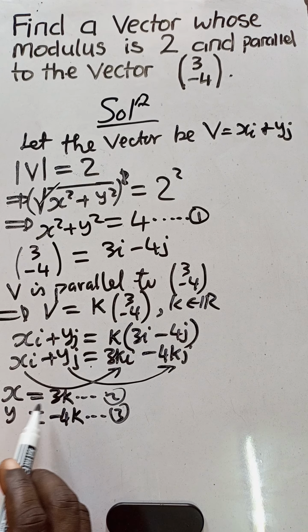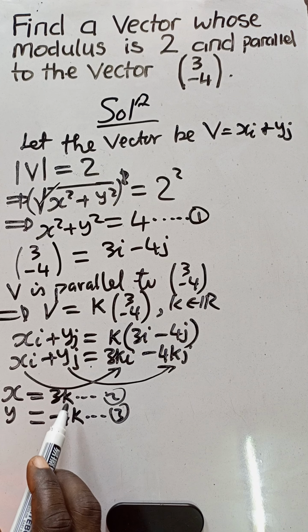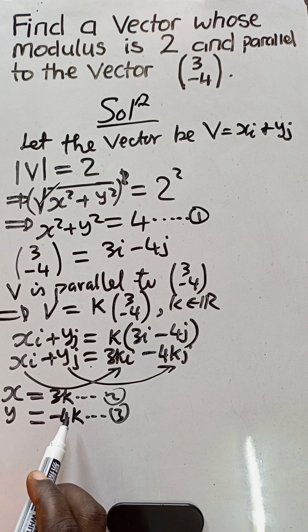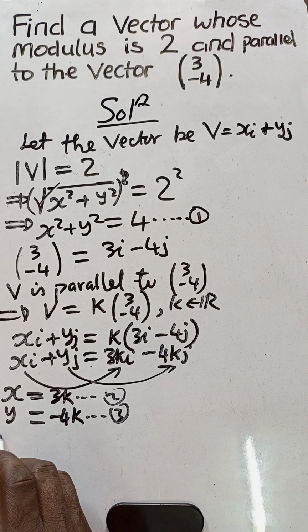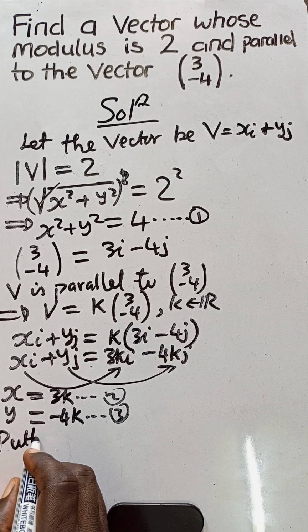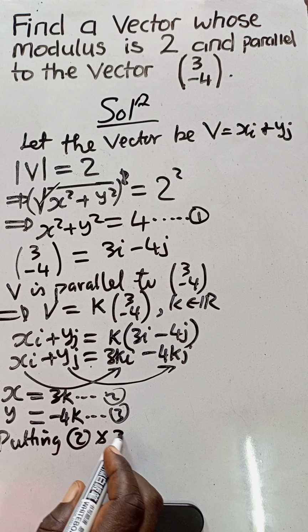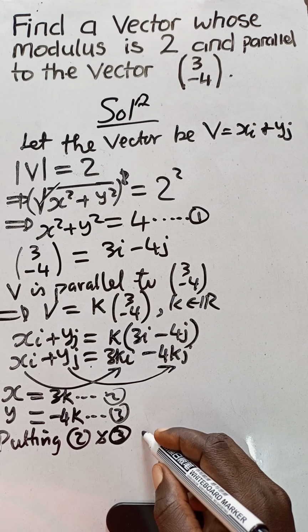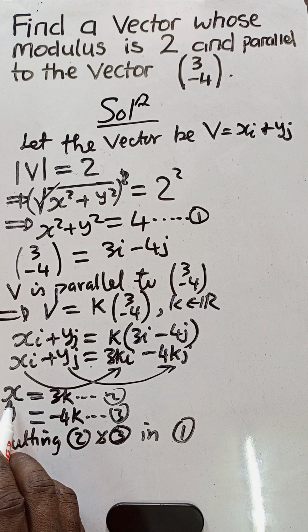Now, these are the expressions in terms of k for x and y. Let's carry these expressions for x and y and put them in equation 1. So, putting equations 2 and 3 in equation 1, wherever we find x, we're going to write 3k.